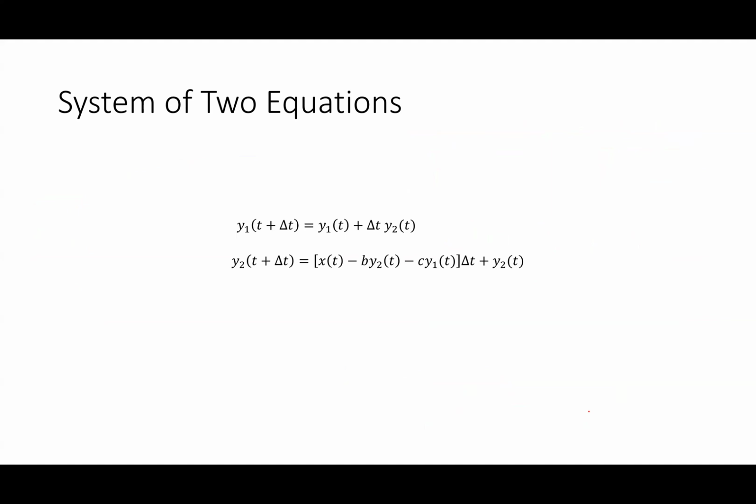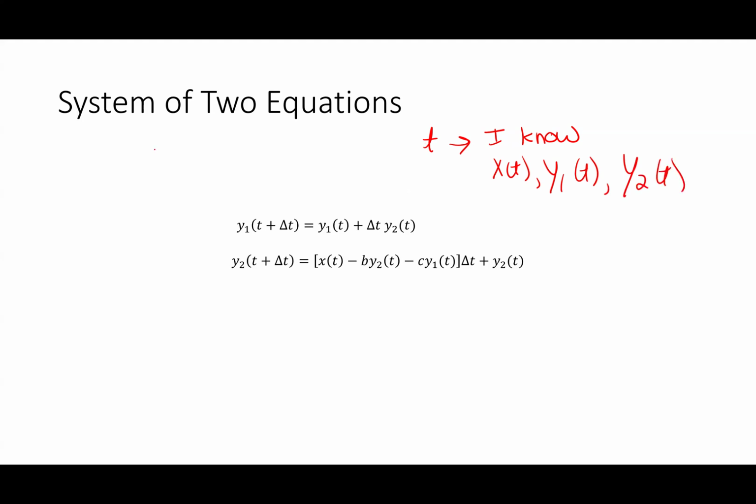But just like we had in the other case, where I did first order. The way I think about this is at time t, I always know the input. I always know y1, and I always know y2.